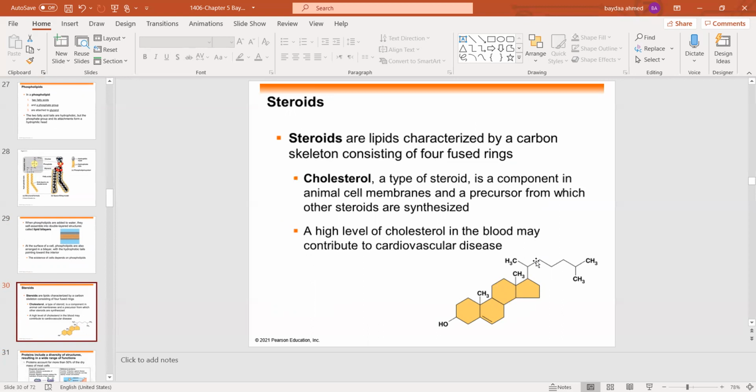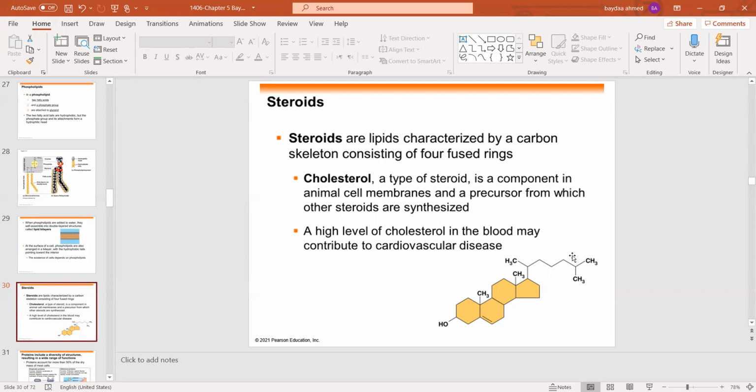Cholesterol, a type of steroid, is a crucial molecule in animals. It is a common component of animal cell membrane and is also the precursor from which other steroids, such as the vertebrate sex hormones, are synthesized.